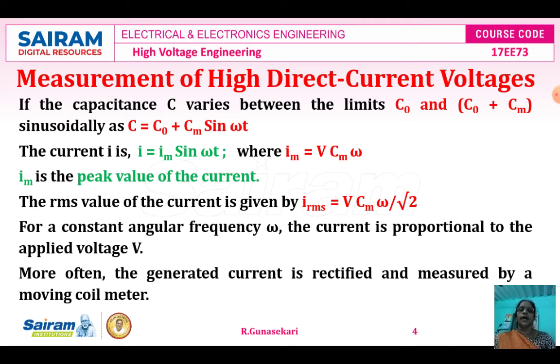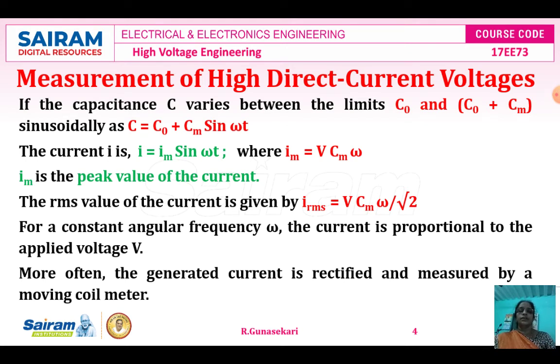For constant angular frequency ω, the current i is proportional to the applied voltage V. From the equation I RMS = V Cm ω / root 2, the source voltage is directly proportional to I RMS.